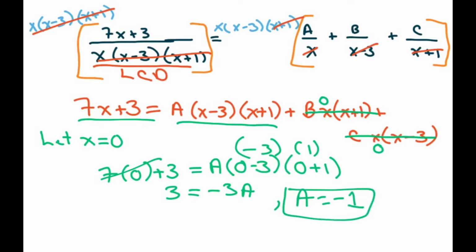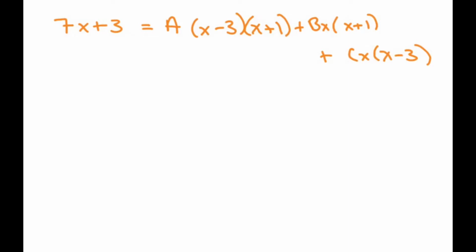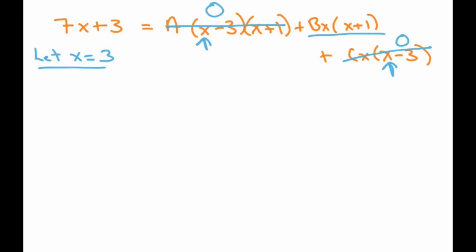Alright, we're going to keep doing the same thing. Now, for this one, I'm going to let x equal 3. When I let x equal 3 and plug a 3 in here and a 3 in here, I'm going to get a 0 there and a 0 there. So that knocks out this, because that's just going to be 0. So I'm only going to deal with these two.